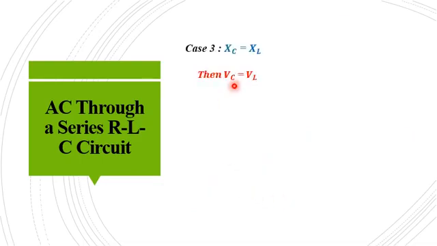Now let's move on to the third condition. The third condition arises when XC is equal to XL. So when XC is equal to XL, we can say that VC will be equal to VL. So let's draw the phasor diagram first. Current is taken as your reference phasor. Then the VR phasor is drawn in line with your current phasor, the VC phasor will be lagging the current phasor by 90 degrees, and the VL phasor will be leading the current by 90 degrees.